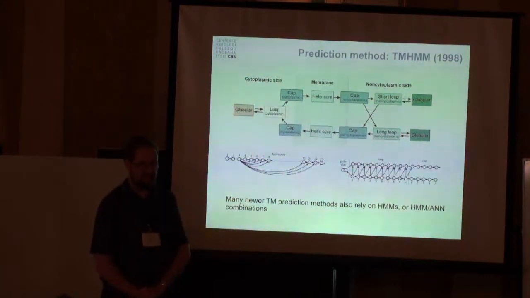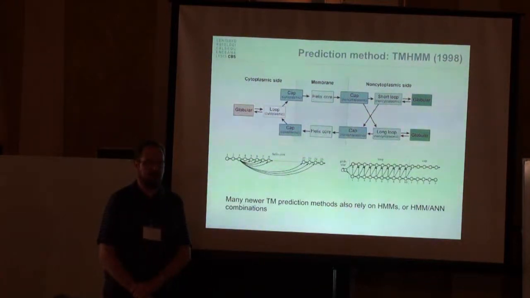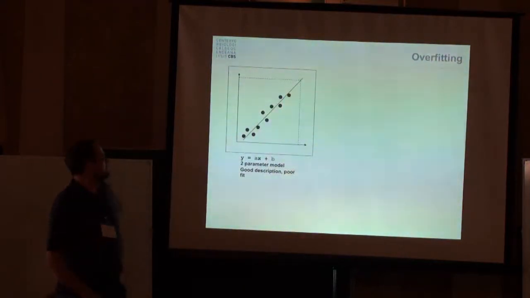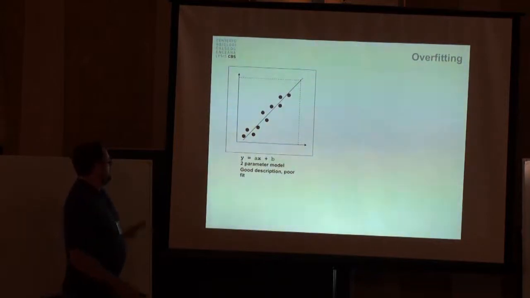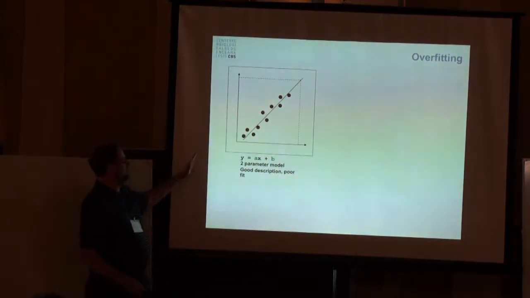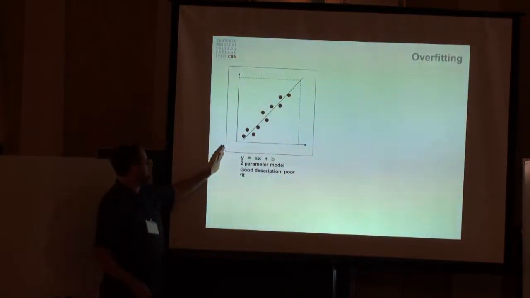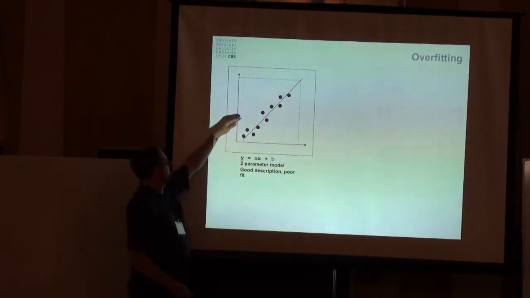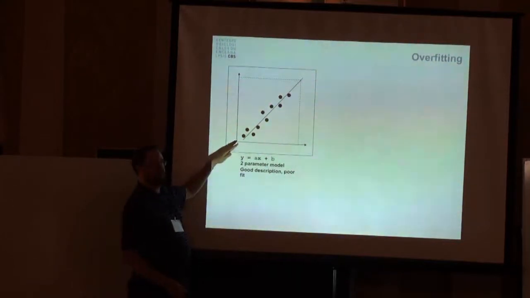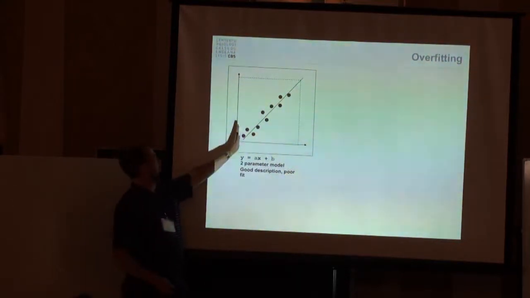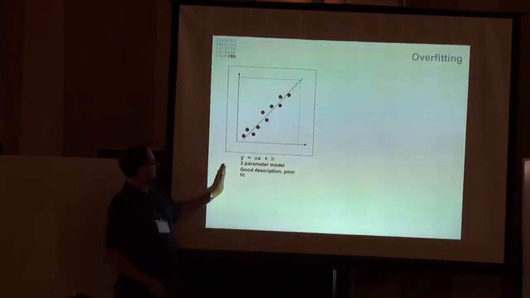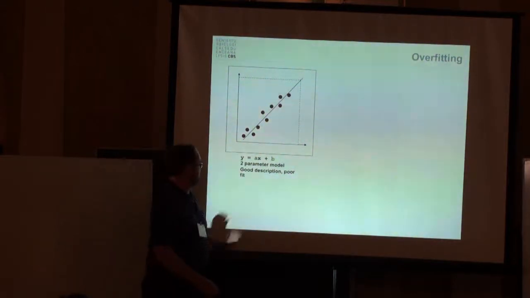Now, what is important for the user of machine learning methods is to understand the problem of parameter estimation and overfitting. So if you have some points adhering to a model and you have some noise in your data, you can fit a 2-parameter model here.